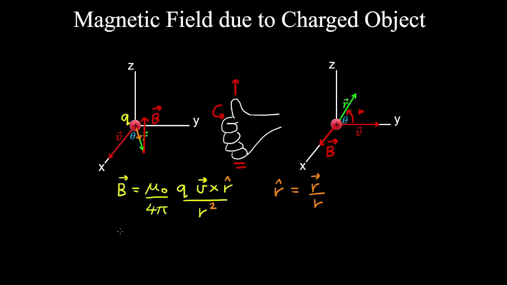Now let's take the magnitude of the magnetic field to get some more insight into it. So we have the constant being the magnetic permeability on 4 pi, and we take the magnitude of charge, so the charge can be positive or negative, and then the cross product between v and r hat is the magnitude of v by the magnitude of r hat, which is 1, being a unit vector, by sine of the angle between them.